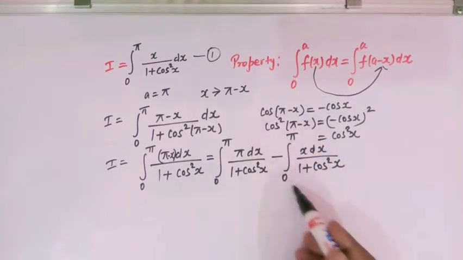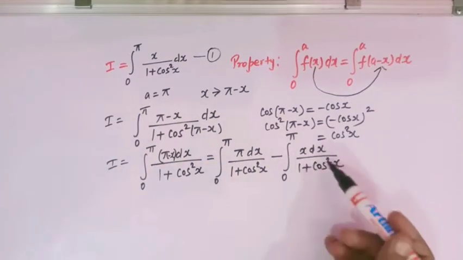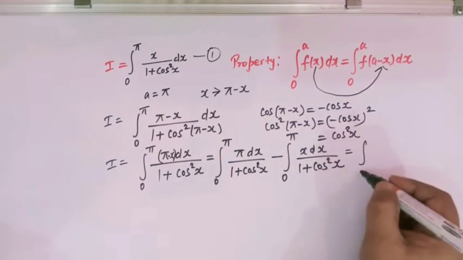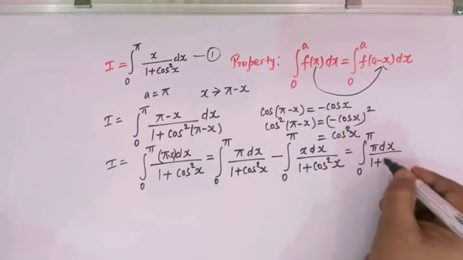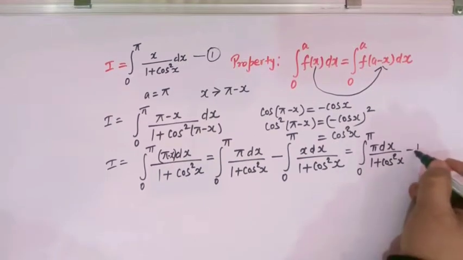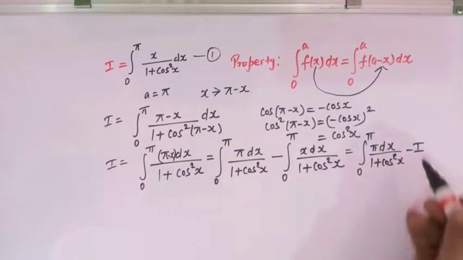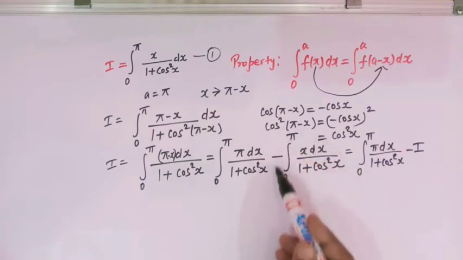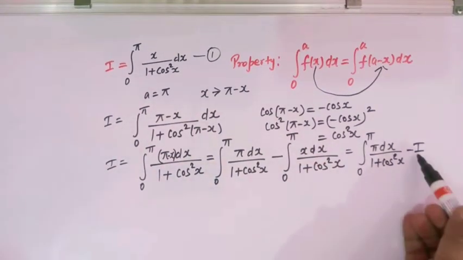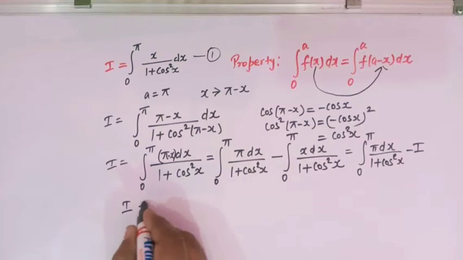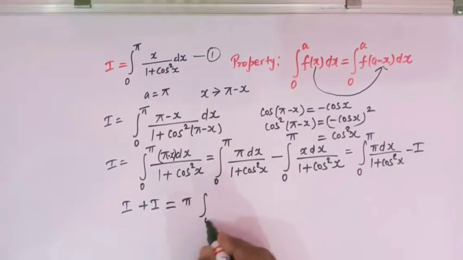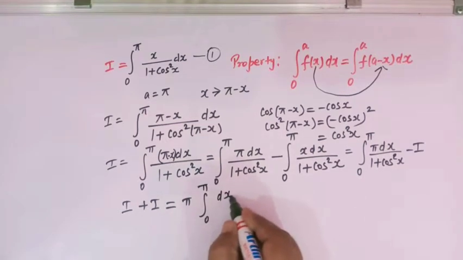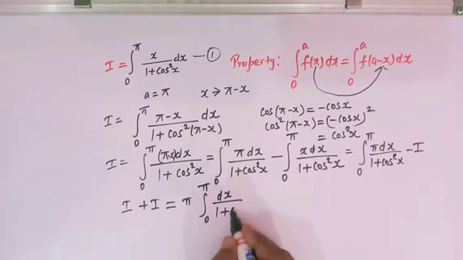Now this integral is our original integral, that is I. So we have 0 to pi dx over 1 plus cos square x, and here we have minus I, right? So this integral is replaced by I. Now taking I to this side, so we have I plus I, and taking pi outside the integral sign, we have 0 to pi dx over 1 plus cos square x, right?